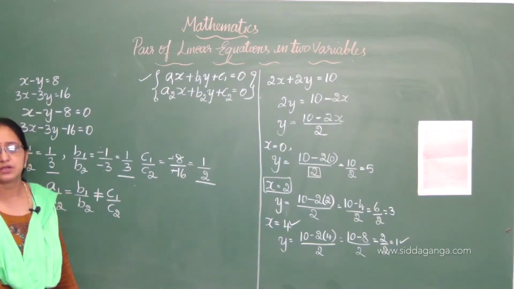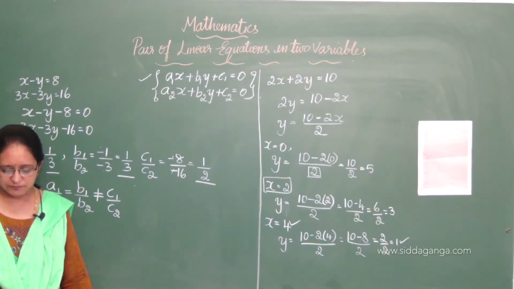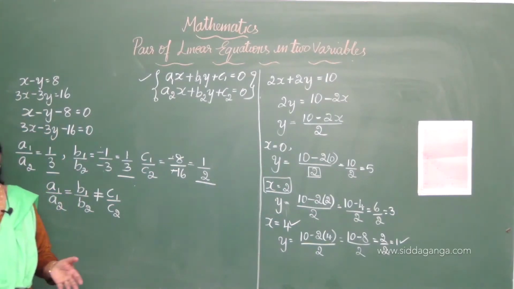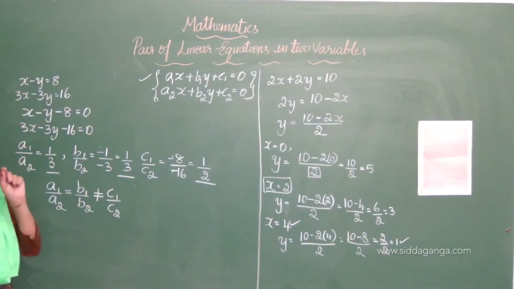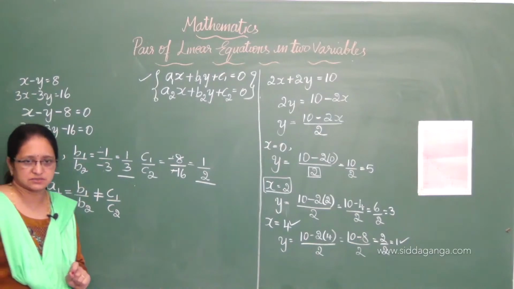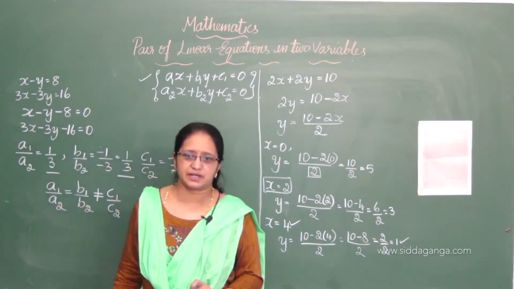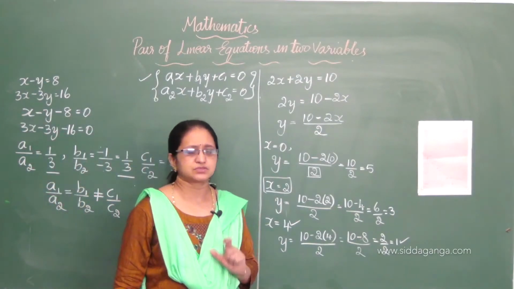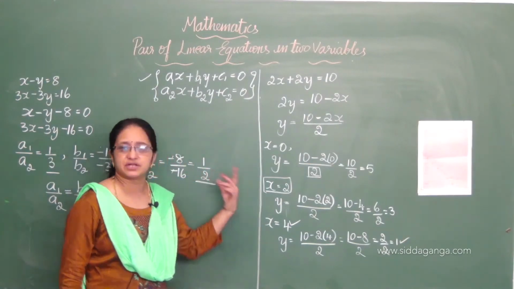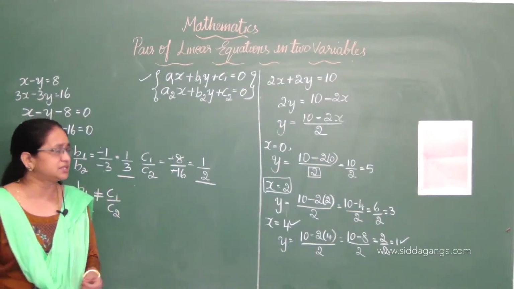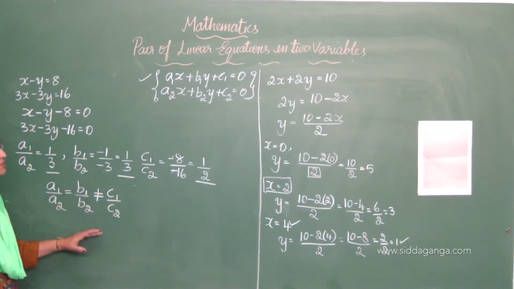What does this show? In the previous class I told you that you will get parallel lines, which means this pair of linear equations is inconsistent. Inconsistent means we cannot obtain a solution. In the previous problem you got infinitely many solutions, but in this case we cannot get a solution.